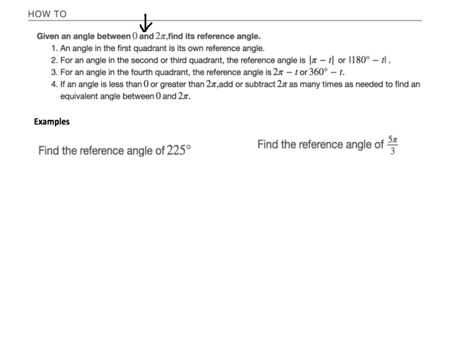If an angle is less than 0 or greater than 2 pi, add or subtract 2 pi as many times as you need to get it down between 0 and 2 pi. So, if I have a 225 degree angle, let me draw my unit circle, my unit blob. 225 is about right here.